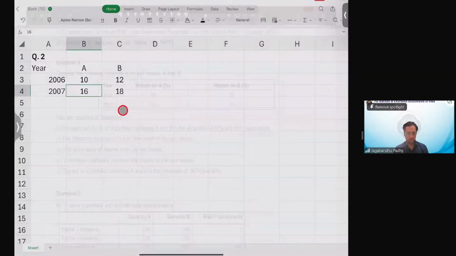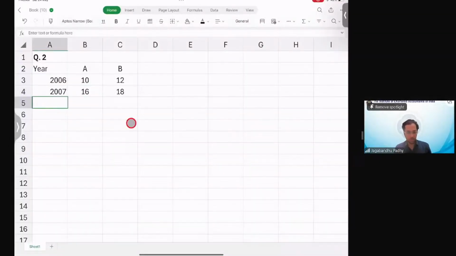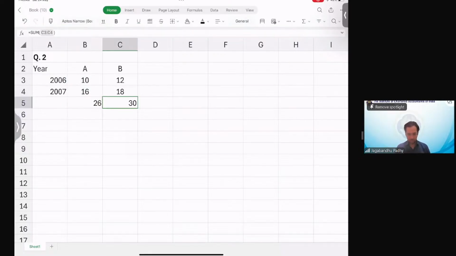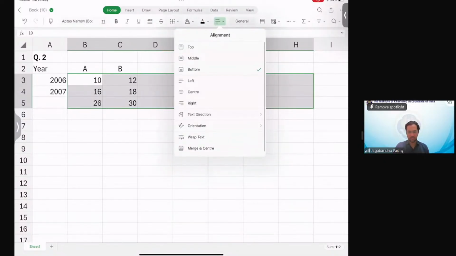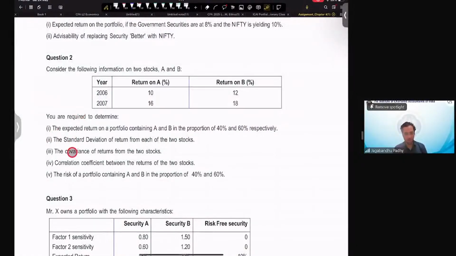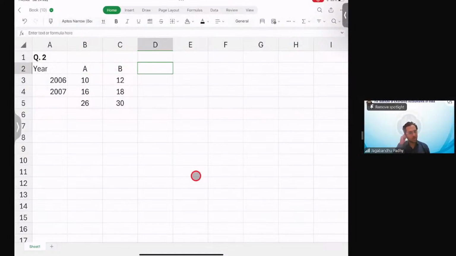Now, the question says expected return of portfolio. So to calculate the portfolio return, we need to first take the total of return of A, return of B, right? The question asks us to calculate covariance, variance, and a lot of other stuff, right? So you can see it asks for standard deviation, covariance, correlation, then risk of portfolio in proportion. So we need certain column values to be calculated.